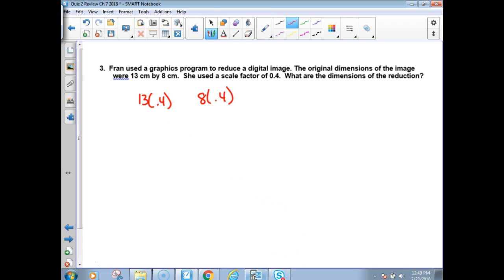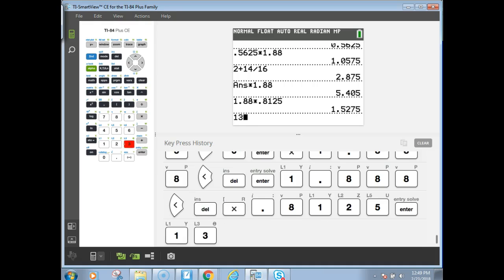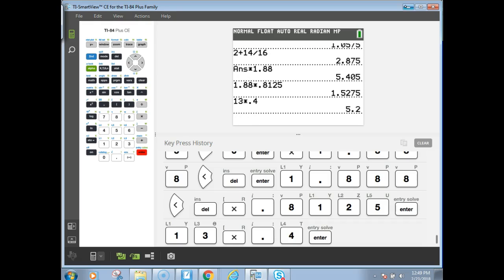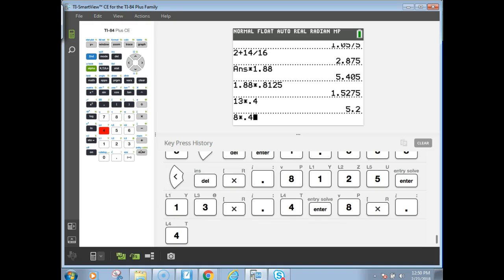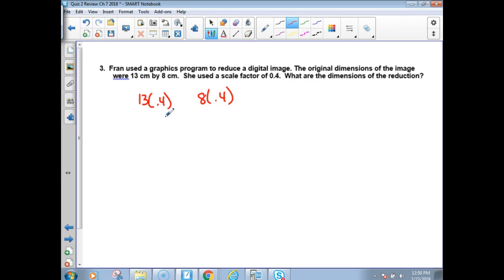Typing that on our calculator, 13 times 0.4 will give you 5.2, and then 8 times 0.4 will be 3.2. So the new dimensions will be 5.2 centimeters by 3.2 centimeters.